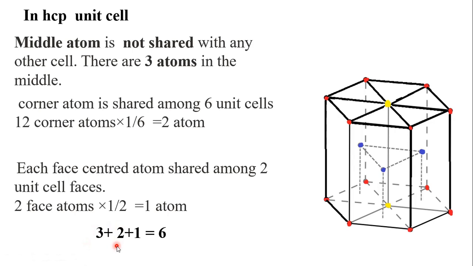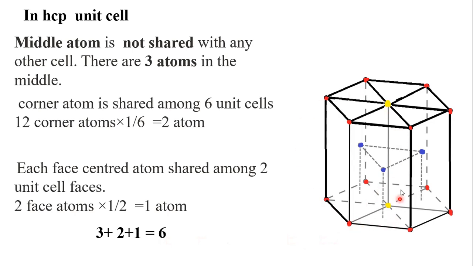So 3 plus 2, and each face center atom is shared among 2 unit cells. This one is shared with the unit cell above, and this one at the bottom is shared with the unit cell below. Therefore 2 face atoms into 1 by 2 is equal to 1 atom. So 3 plus 2 plus 1 is equal to 6.